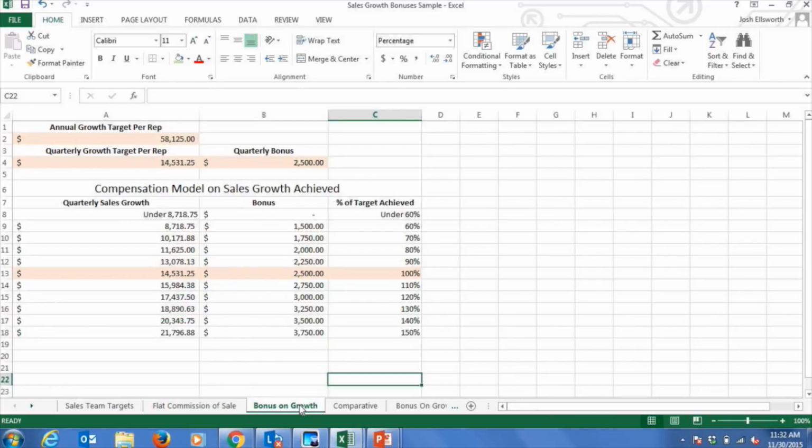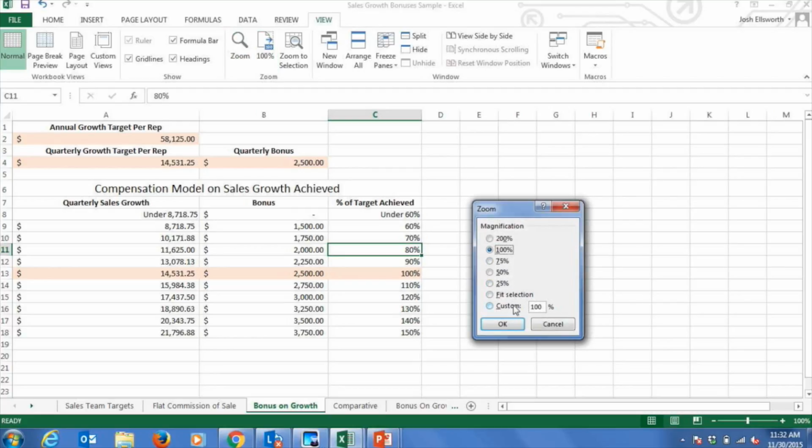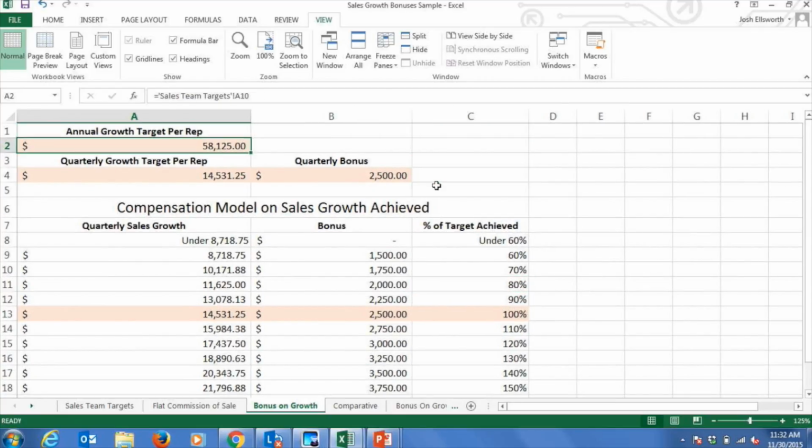So, bonus on growth. If you can zoom in again here. Okay, so this is the same idea, except you see instead of focusing on the $145,000 or whatever the number was in total business, we're focusing on the actual growth target per rep.